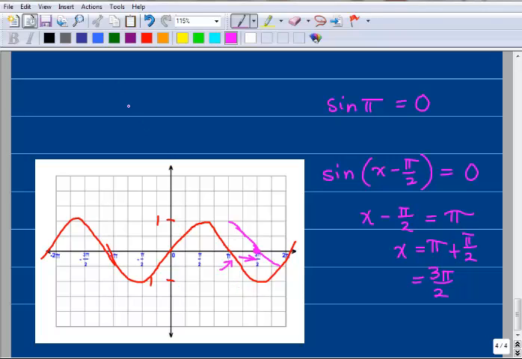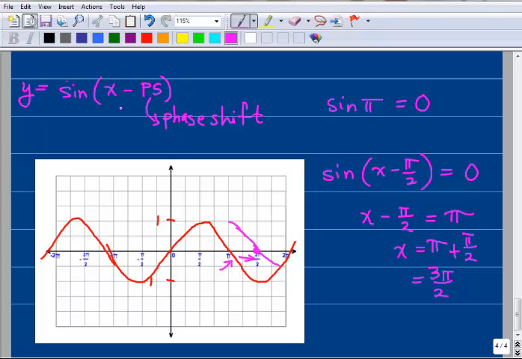In general, when I see the sine of some value like this, this constant is what we call the phase shift of the function, and a phase shift means I'm going left or right.